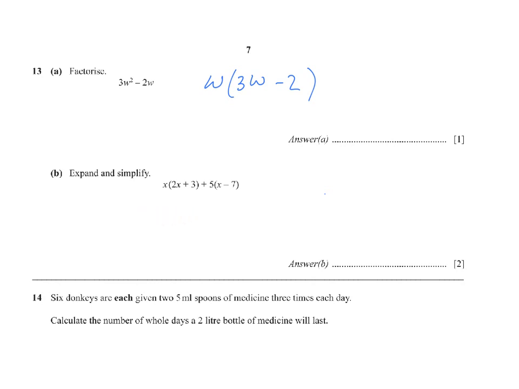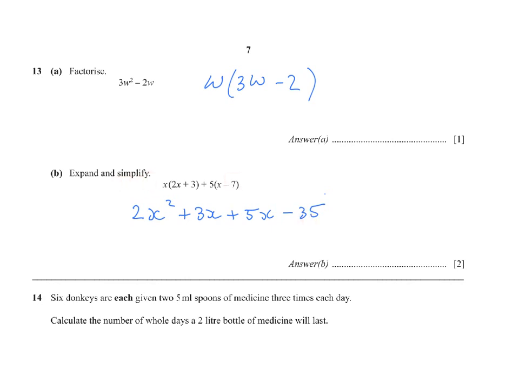Expand and simplify question B for 2 points. So first we expand, which is get rid of those brackets. 2x squared plus 3x plus 5x minus 35. Because you multiply all the terms inside the brackets by the number or the letter in front of it, so 2x times x, and 5 times x, 5 times minus 7. Don't forget that second term, we sometimes do.